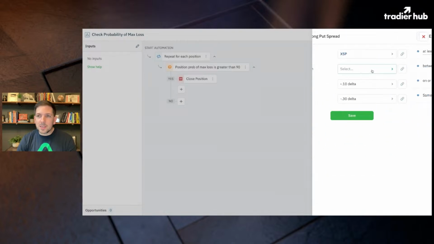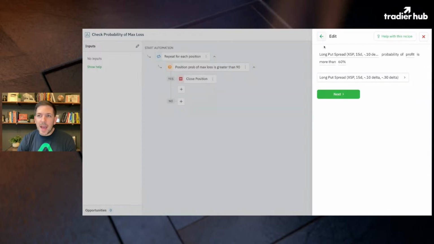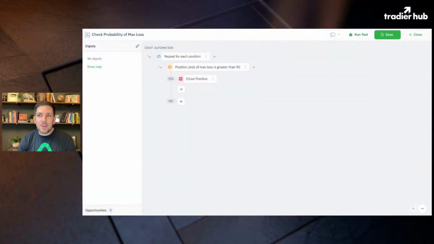So you look at XSP, you look at an expiration that's at least 15 days out, because we don't want to do anything any shorter than that. And then you say, I want to make sure that the trade I'm getting into has a probability of profit greater than 60%. Again, it's another easy slam dunk thing that you can do with your bots and automations to make sure that you're managing your risk and using those probabilities effectively for your trades.